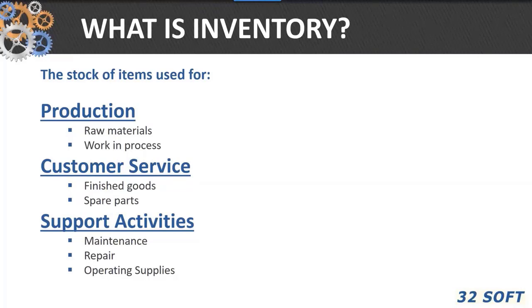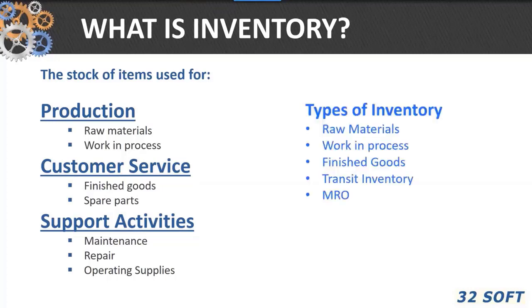There are lots of ways in QAD to help us classify what kind of inventory we're dealing with. Typically it's raw material, work in process, and finished goods. We'll talk about transit inventory and maintenance and repair. I see a lot of organizations using the EAM module now to assist with that maintenance, repair, and operations type of thing.